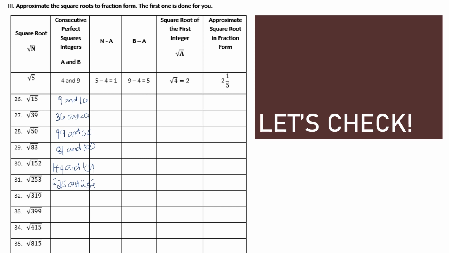Square root of 319 is between 289 and 324. 399 is between 361 and 400. Square root of 415 is between 400 and 441.